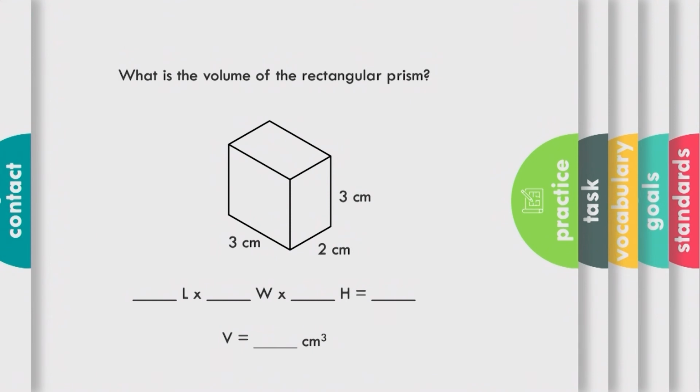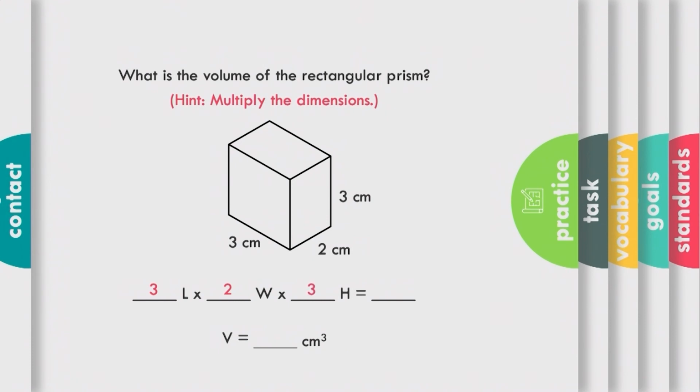So I see here that my length is how many centimeters? Nicely done, 3 centimeters. What about my width? 2 centimeters, excellent. And my last dimension I'm looking for is my height, and it is 3 centimeters. So nicely done.